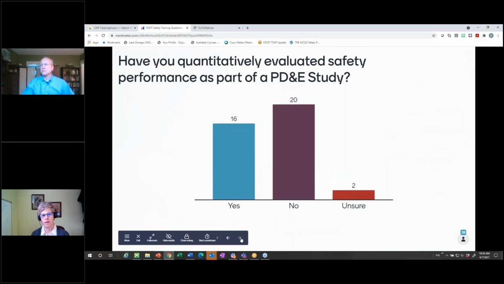So this would be, you used a crash modification factor, or you used the predictive method, maybe you did some crash rates. So it's looking like a split. Okay. Oh, a few more votes coming in.